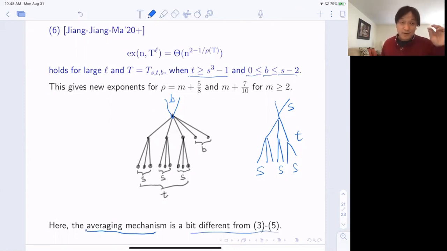In recent papers, usually the average is taken over some internal vertex of your copy of T, but our averaging was taken over a subset of leaves. Then we do something more. So at this point, I think any more ideas will help contribute to the problem.